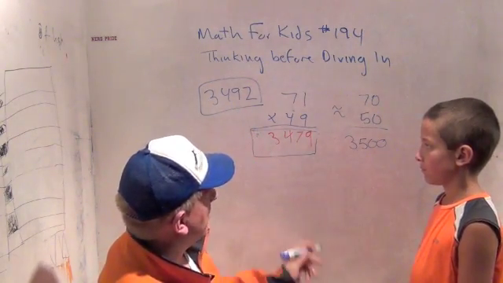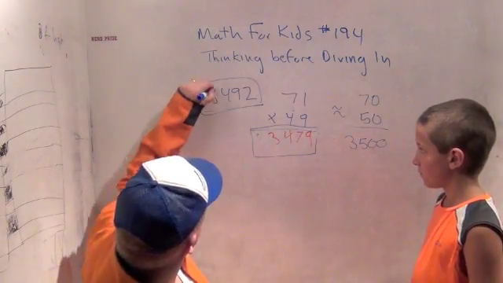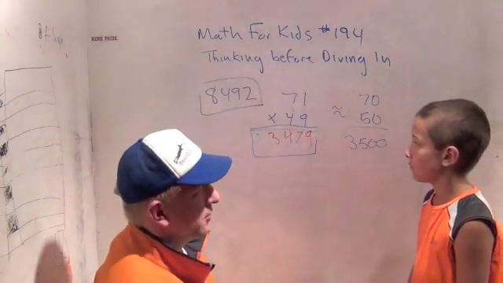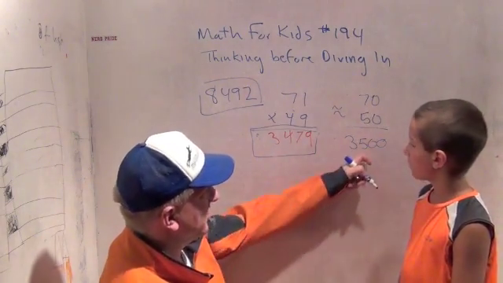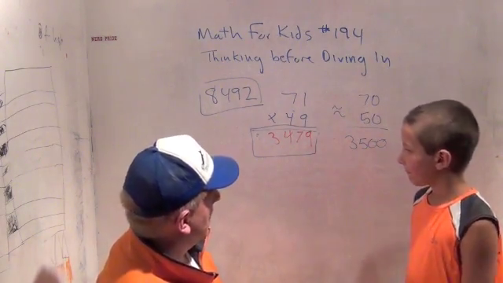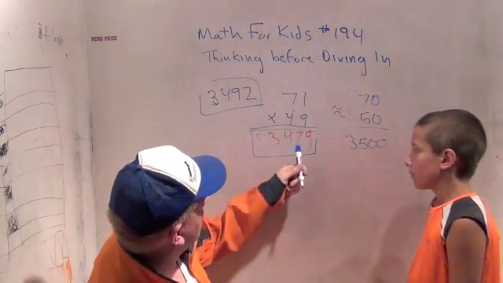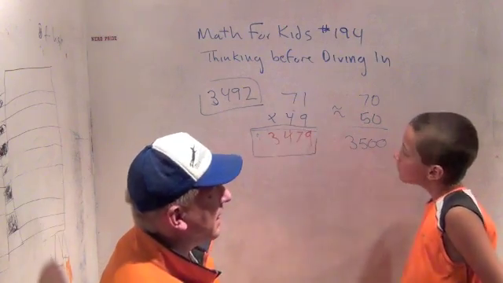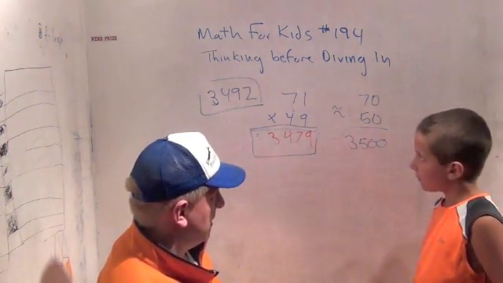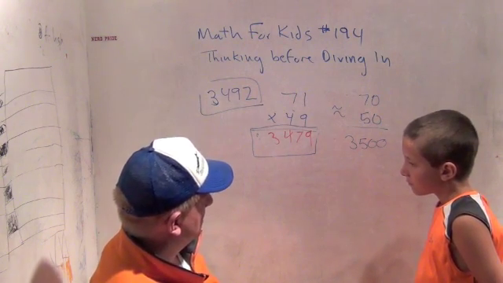If instead I told you that 8,492 and 3,479 were the two choices, this would tell you that this one has to be right. But now I was a little closer, 3,492. Now you can just say, well, the last digit has to be 9. Okay? So those are some good little arithmetic tricks.